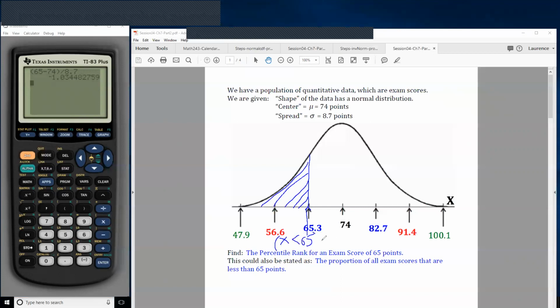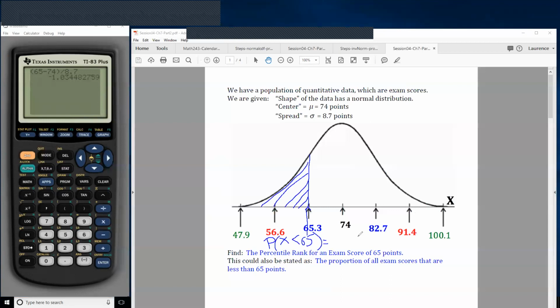So here's the notation. This tells me the proportion of the population that's less than 65, which tells me the percentile rank. And so we're going to use normal CDF. So we do equals, and we would write normal CDF here if it would cooperate.